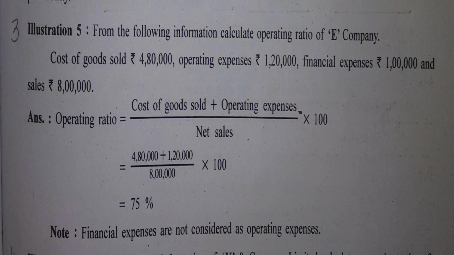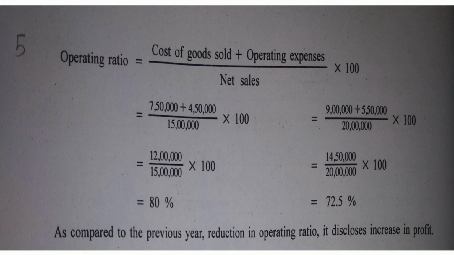If the answer of this ratio is in a decreasing trend, then it is beneficial, because it is a cost-based ratio. Obviously, if my ratio was 80% and now it is 72.5%, it is beneficial. Ultimately, it indicates a decrease in cost somewhere. Fine, then you will solve this illustration.